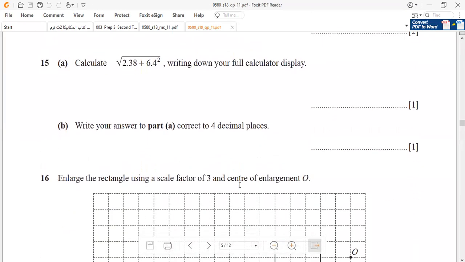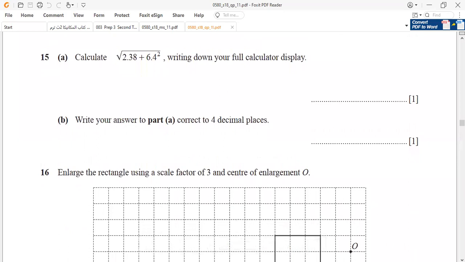In question 15, part A, calculate the square root of 2.38 plus 6.4, all to the power 2, writing down your full calculator display.